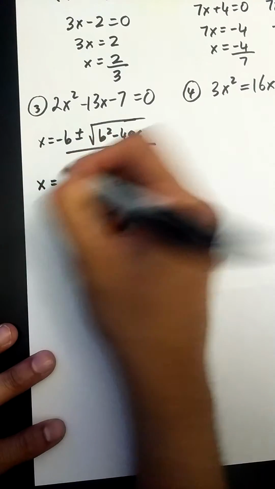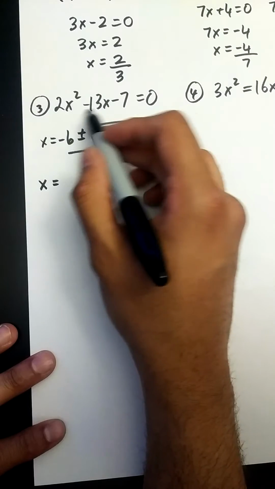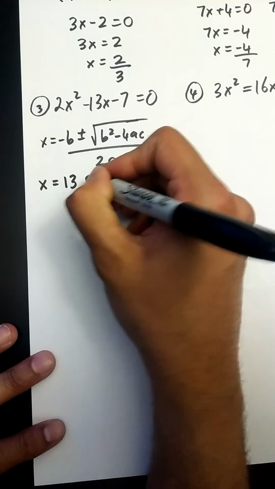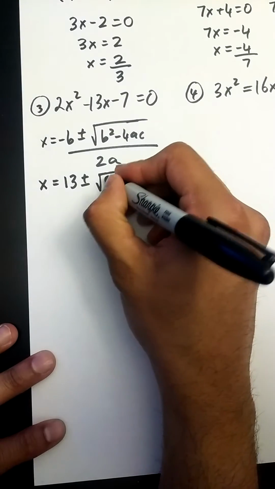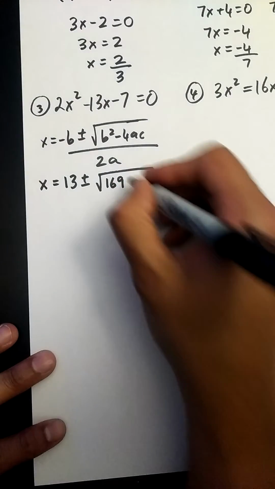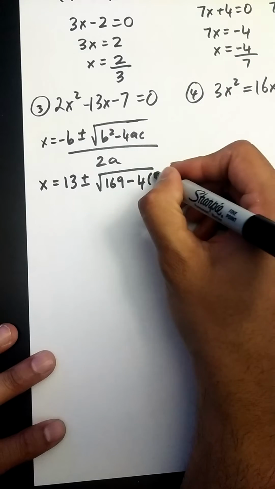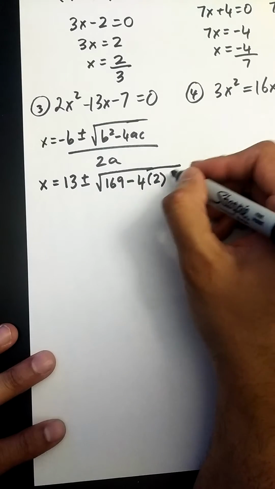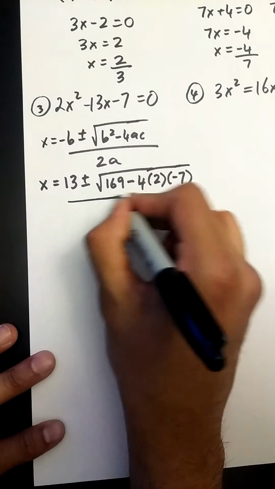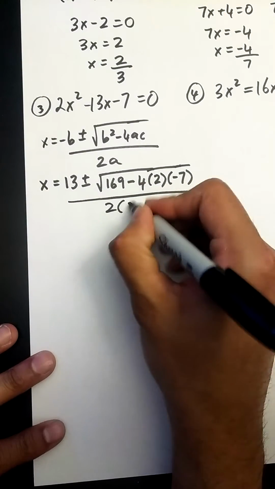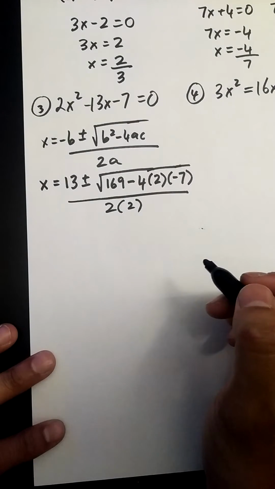So I know that negative of negative 13 is positive 13. And I have plus or minus square root. Negative 13 squared is 169. Minus 4 times my a, which is 2, times my c, which is negative 7. And I have to divide that all by 2 times a, which is 2.